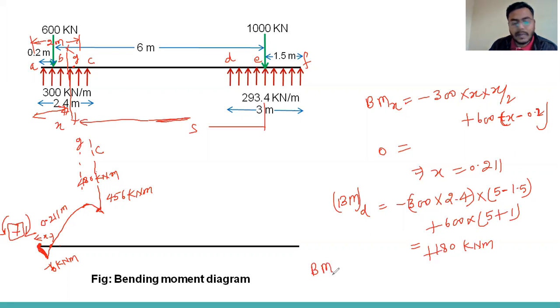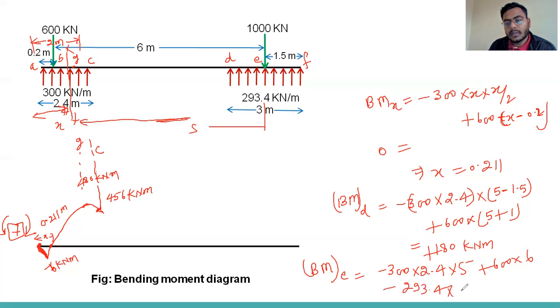Now we can calculate the bending moment at this point, at E. So that will be minus 300 into 2.4 into 5 plus 600 into 6. Then again minus 293.4 into 1.5 into this 1.5 divided by 2. So we'll get this value, that is minus 330 kilonewton meter.